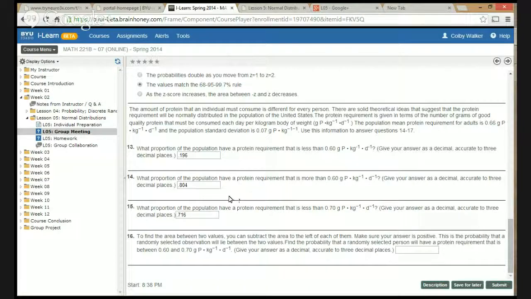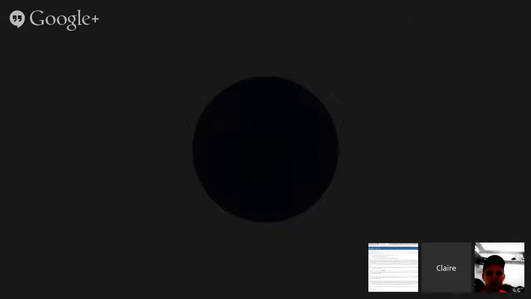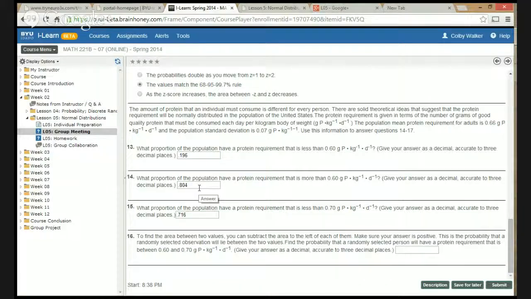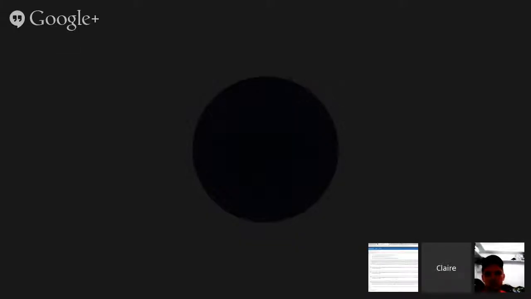Oh. I ended up getting 0.804. I just took 1 minus whatever. Oh, good. Okay, I just put in the wrong thing. So what is the answer then? I put 0.804. What's your answer for 13?